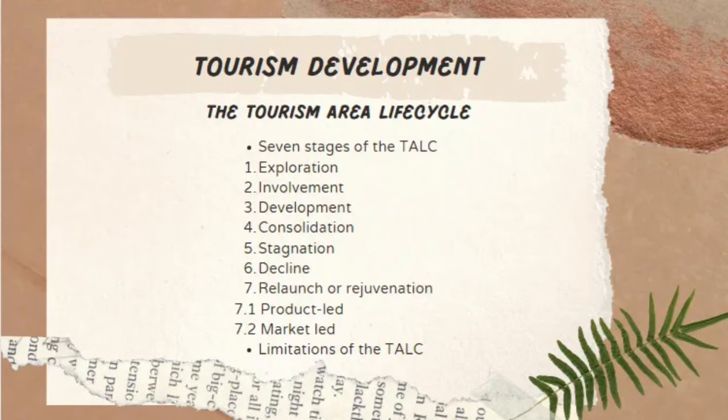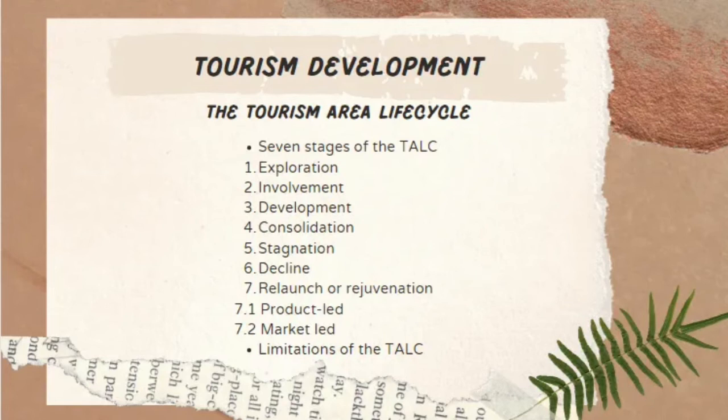Despite all the criticisms and the limitations of the tourism area life cycle, it has proven to be a useful tool in interpreting the stage of evolution of already established destinations and provides a valuable conceptual framework for decision making.